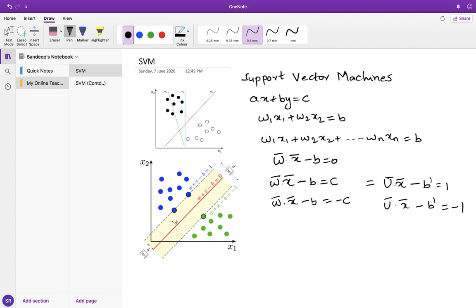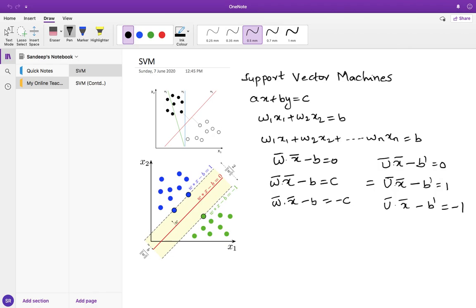In the same way, if you divide by c on both sides, the hyperplane becomes u bar dot x bar minus b bar is equal to 0. As you can see, even if you take a general variable c, it is equivalent to using the value 1. It's just that the notations are changed, but these are all variables, so it does not matter which notation we use. So we can write wx minus b is equal to 1 and wx minus b is equal to minus 1.